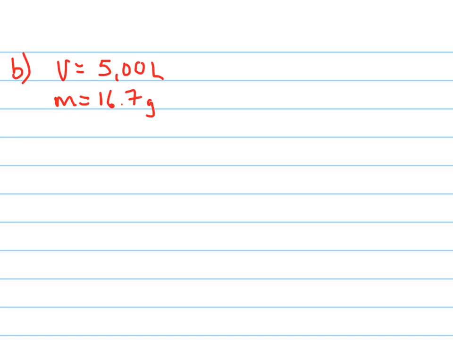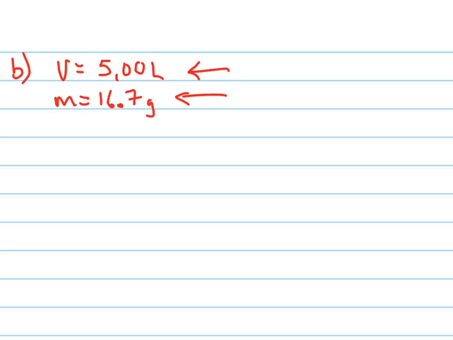And like I said, this is the granddaddy of all questions. Because what's happening here is they give us enough information to figure out how many moles we have using the volume, and enough information to figure out what the molar mass is given the mass.